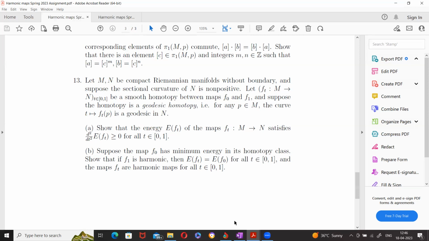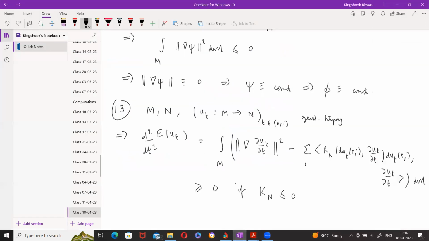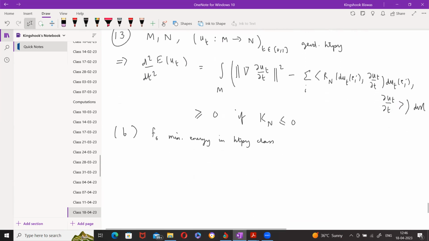The second part is just a little bit of calculus. F0 has minimum energy in its homotopy class. Let phi of t be the energy of Ft.